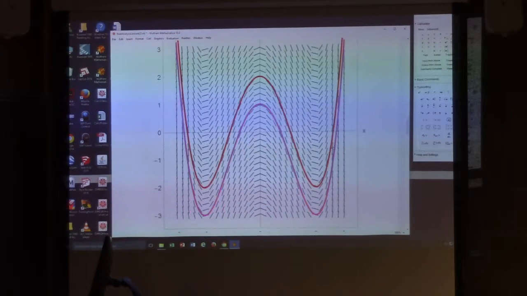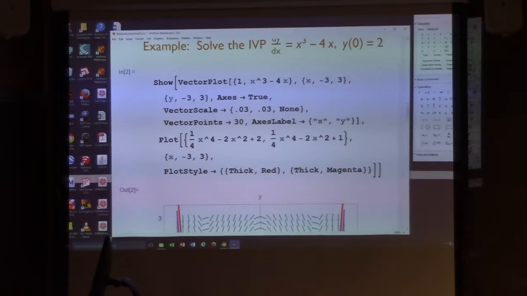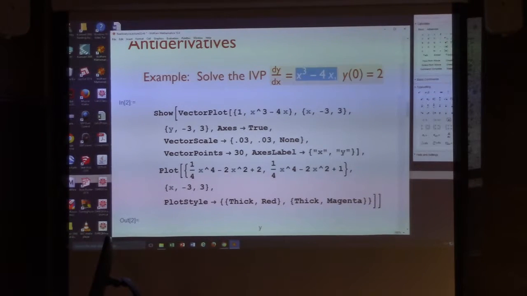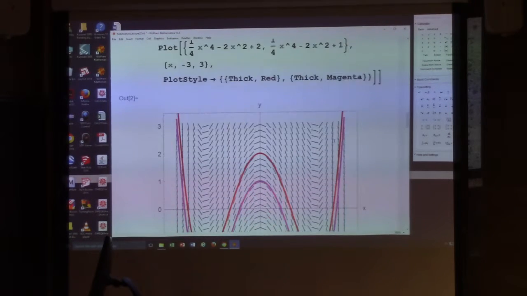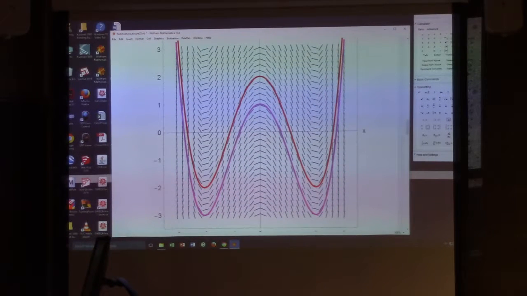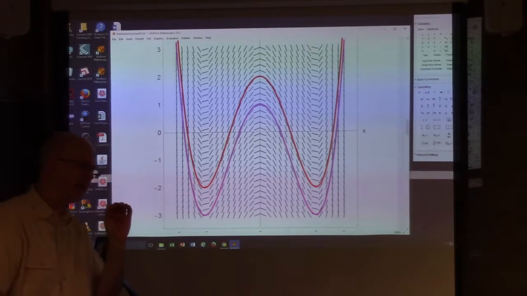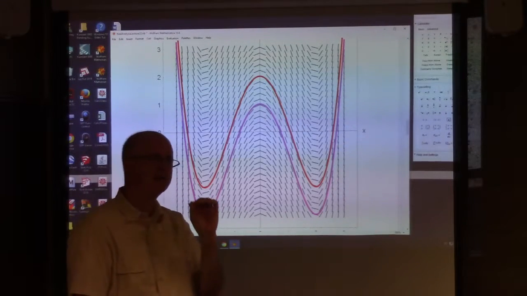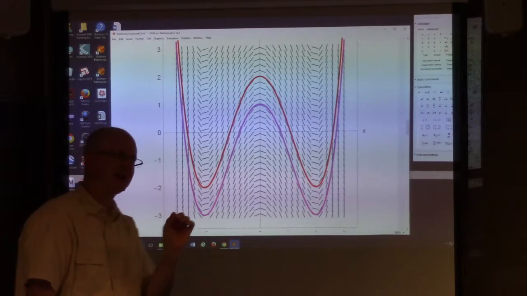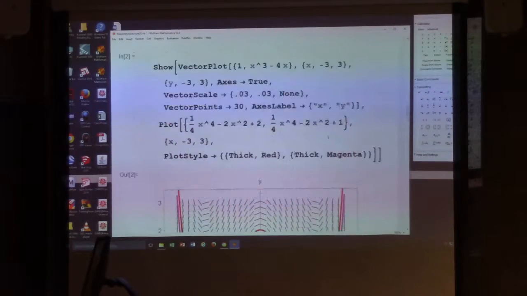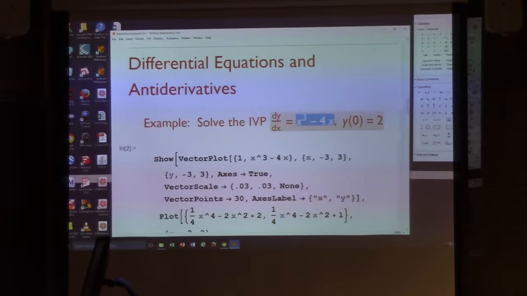This is something called a slope field. These two graphs that you see are both antiderivatives of this function, x cubed minus 4x. The slope field, those hash marks that you see, is created by taking each point in the plane, taking its x-coordinate and plugging that x-coordinate into this expression here to find the slope of the solution curve. dy/dx represents the slope of the solution curve at that point.